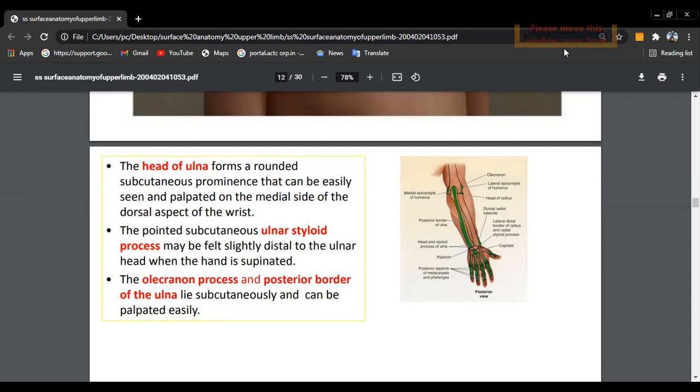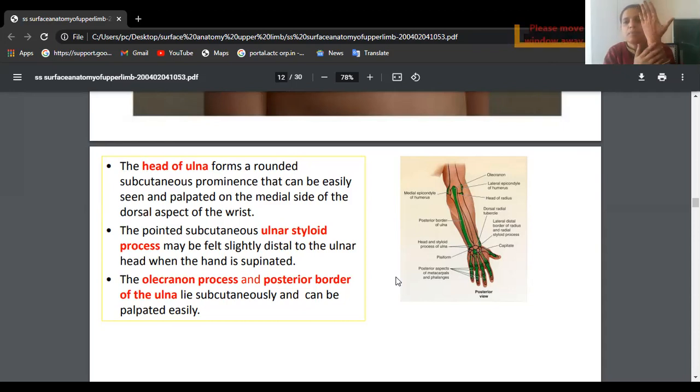I hope you remember supination. I told you this is the supinated pose and this is the pronated pose. Here the little finger is towards the ulna bone. So we have the head of the ulna, and lower down we have the styloid process of the ulna.